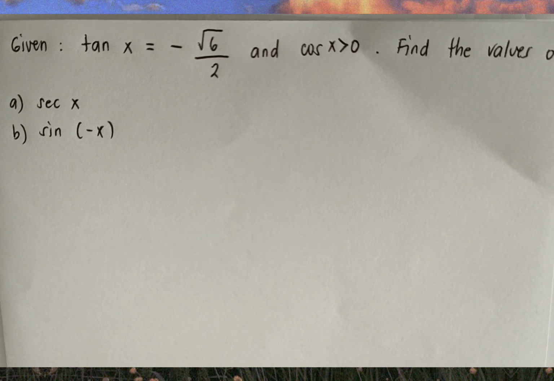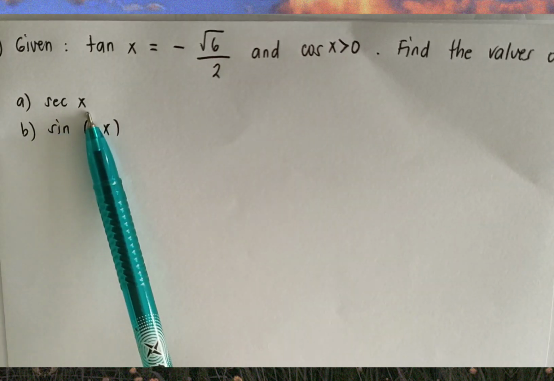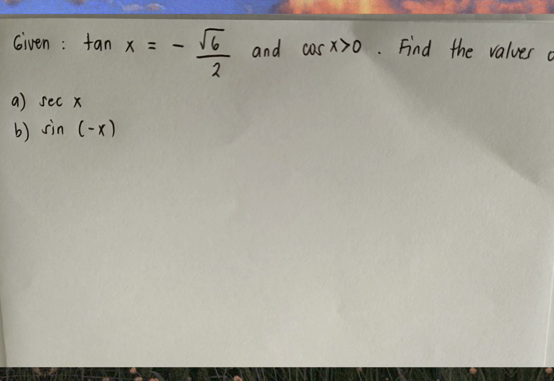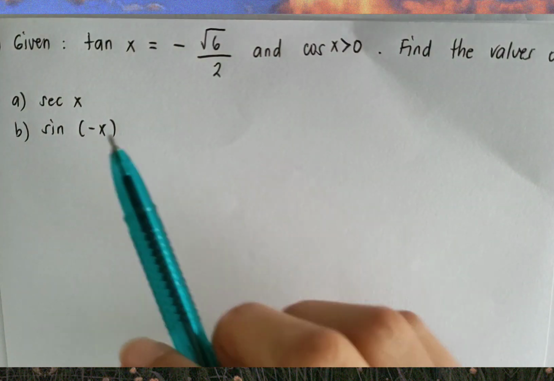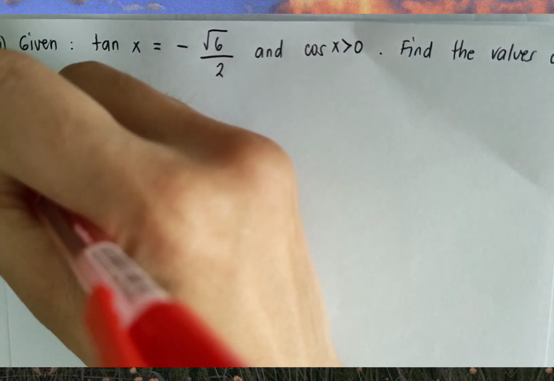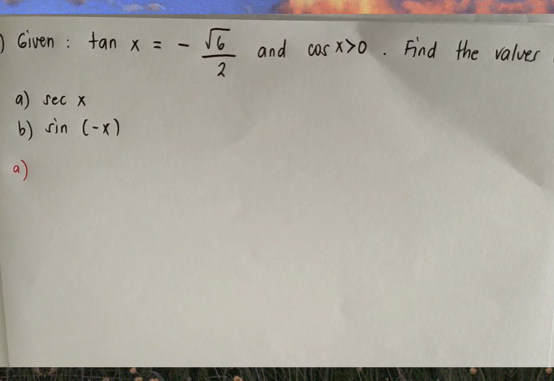Number 1, we need to find the values of secant x and sine negative x. Let's begin with letter A. Since tangent x is negative and cosine x is positive, then x lies in quadrant 4.